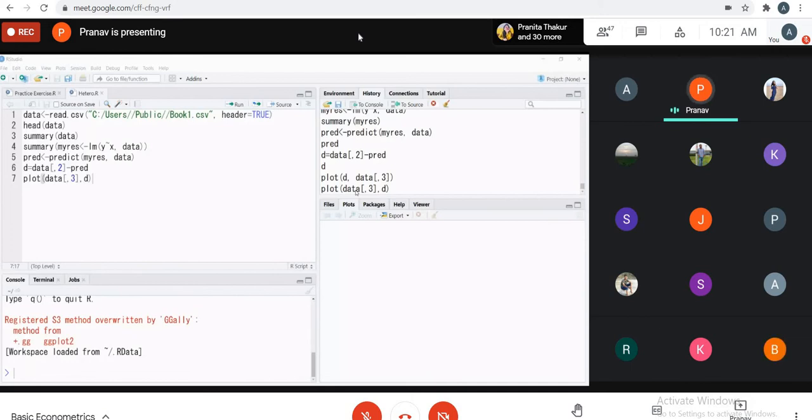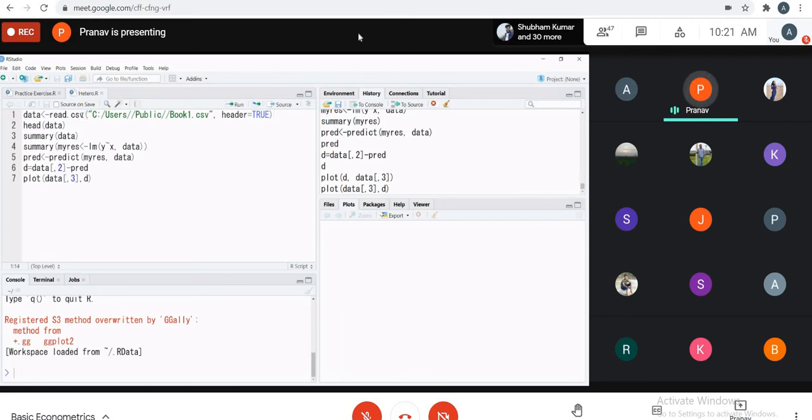Yes, sir. Okay, alright. So wherever you have saved the file, first of all you have to understand that in order to load the data for the first time on R, the syntax that we follow, either you can use read.table, data frame. I have used read.csv.